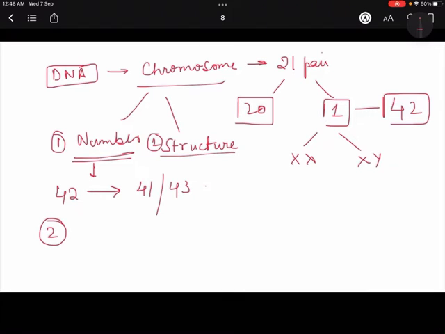How can a variation occur in the structure? For example, the normal chromosome looks like this. This is a normal pair of chromosomes. Now for example, in the meiosis phase, it's a phase where they are condensed into forming chromosomes. For example, there is metaphase, prophase.